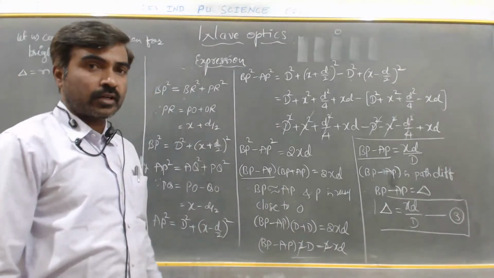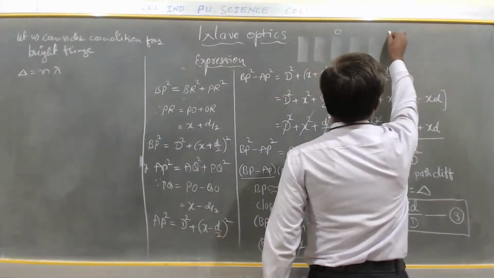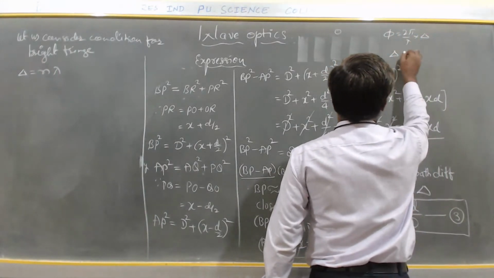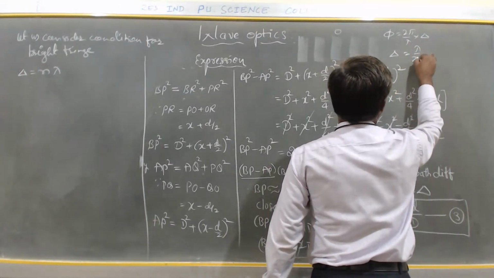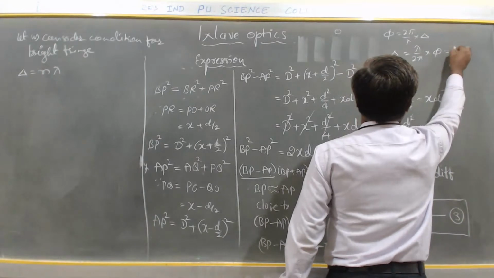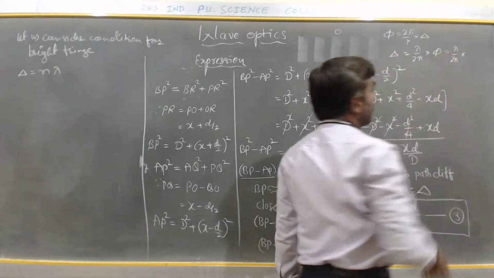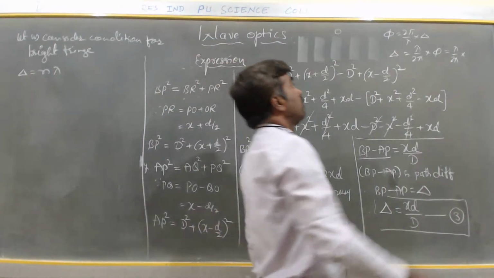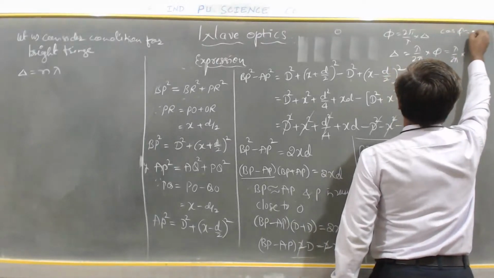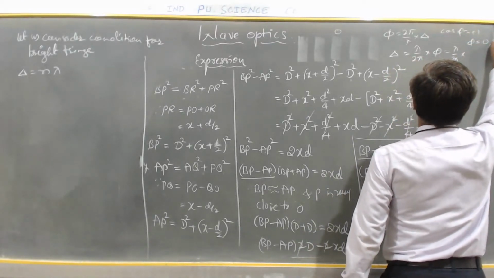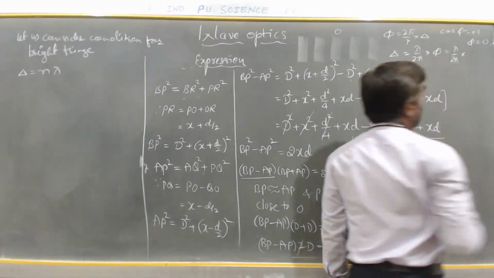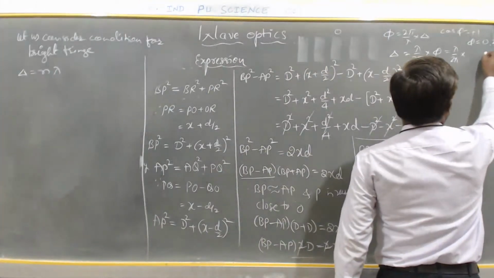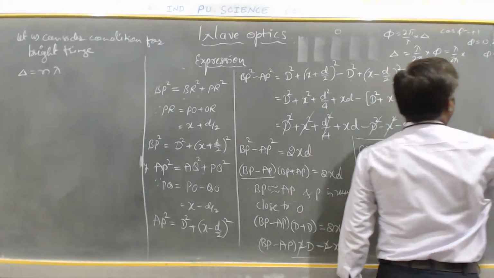How did we get this one? As we know, phase difference equals 2 pi by lambda into path difference, so path difference equals lambda by 2 pi into phase difference. The condition is cos phi equals plus 1, so phi should take 0, 2 pi, 4 pi, and in generalized form phi should be 2n pi.